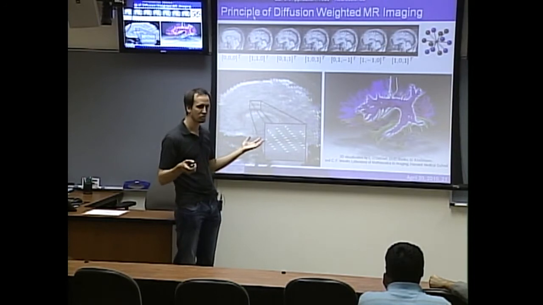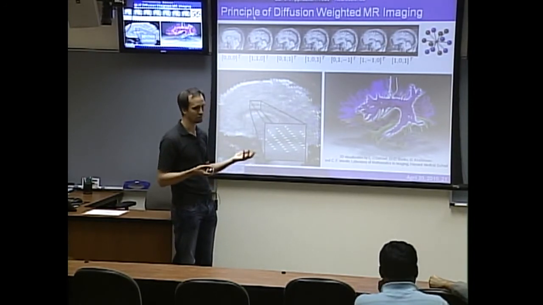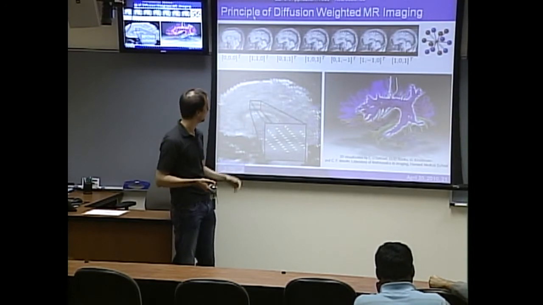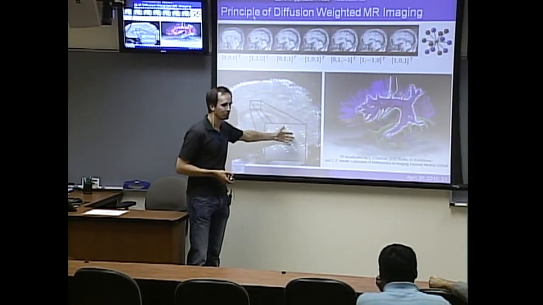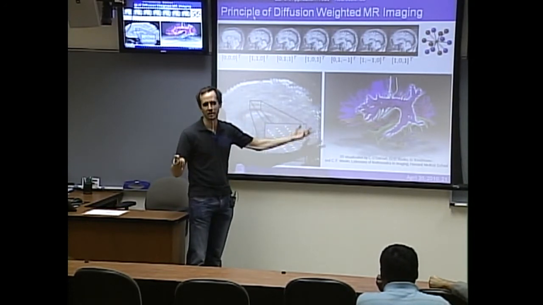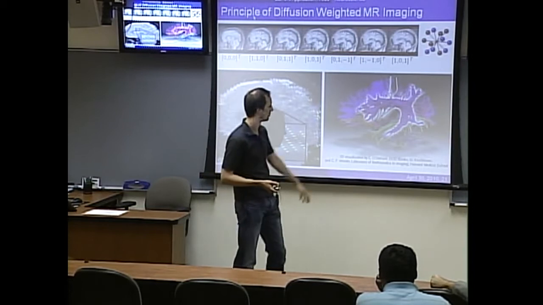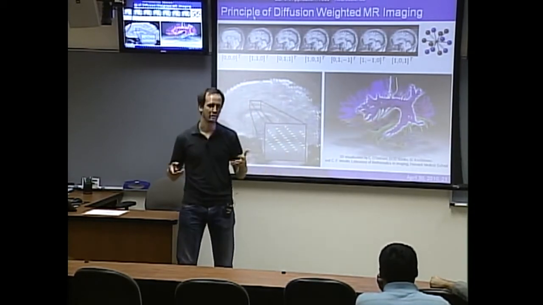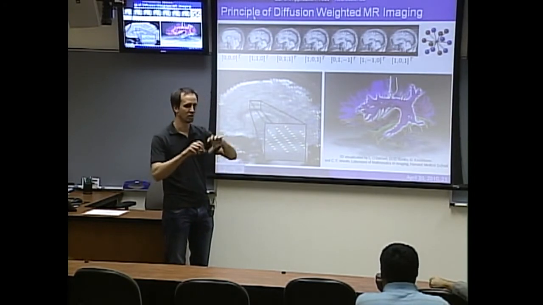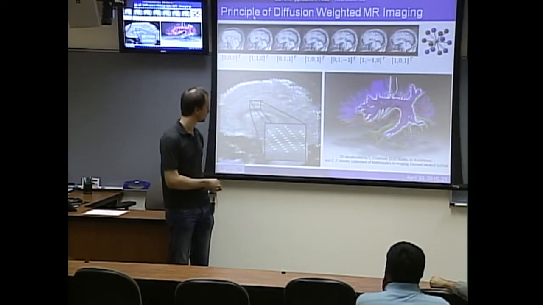But to make a long story short, if you do this, you can get a reconstruction of diffusion properties in the brain, and you can locally, in the simplest form, describe this as some sort of diffusion ellipsoid, or you can take all of this information, paste it together, and come up with these beautiful images that are a macroscopic representation of neuronal connectivity in the brain.